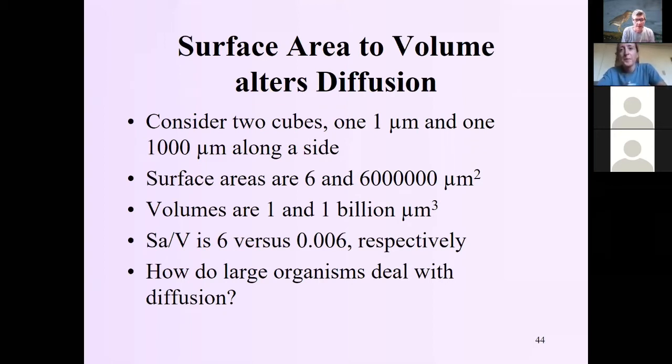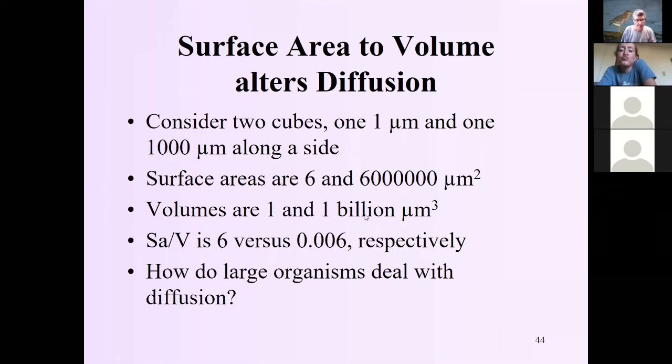In contrast, if it's 1,000 microns along the side, it has 6 million square microns of surface area, but 1 billion cubic microns, because for the area you're going 1,000 times 1,000 times 6, and for the volume you're going 1,000 times 1,000 times 1,000. So you're cubing 1,000.